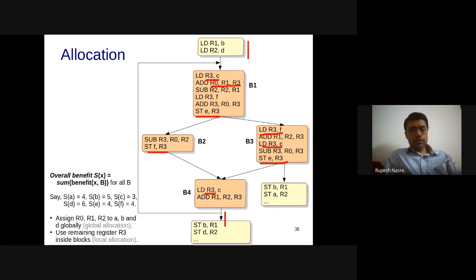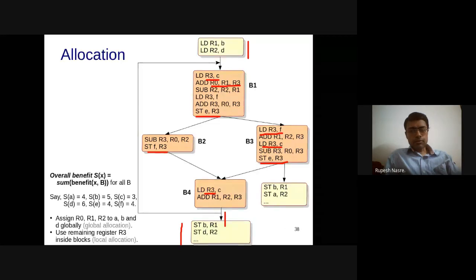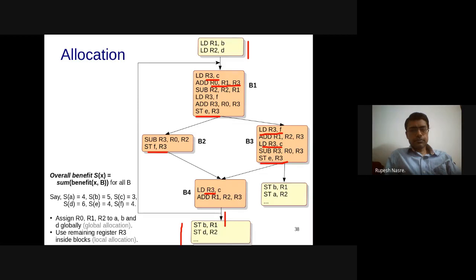In the last basic block, which is probably an extra basic block which you can add, that is at the end of the program. Why are we pushing only R1 and R2 and not R0? Because R0 should be holding the value of A. It is not live in the last block.